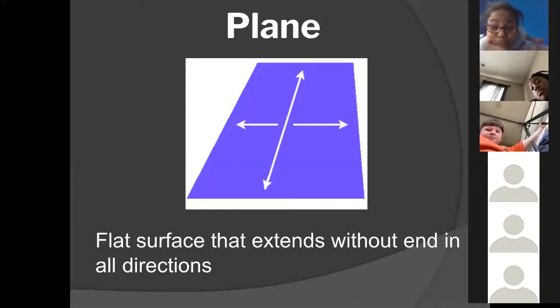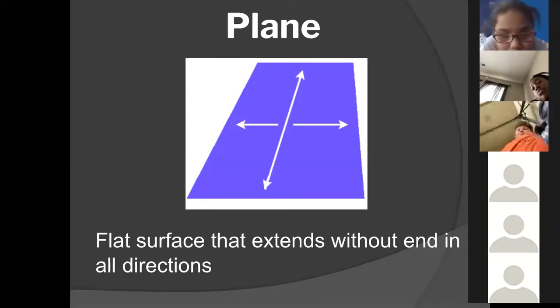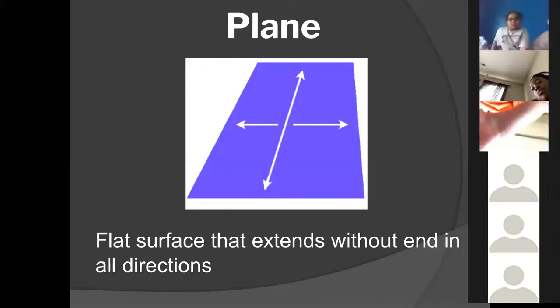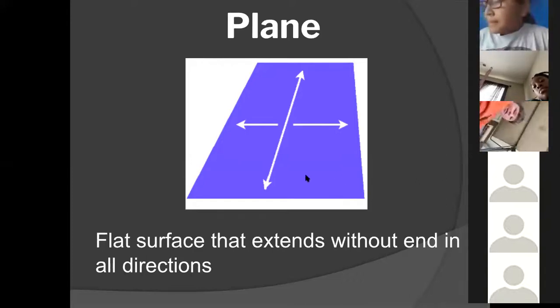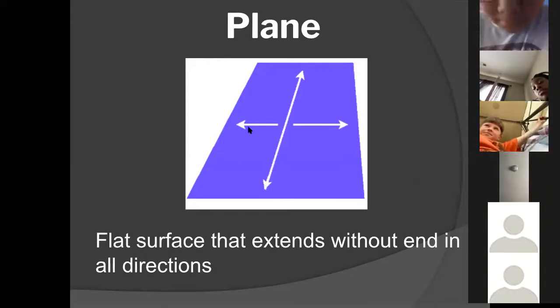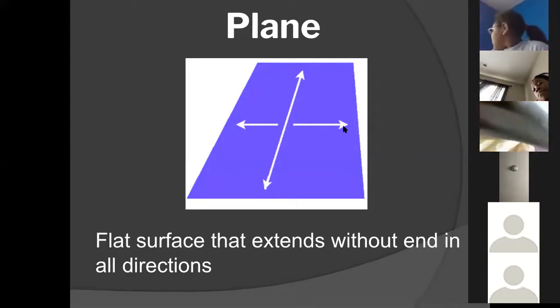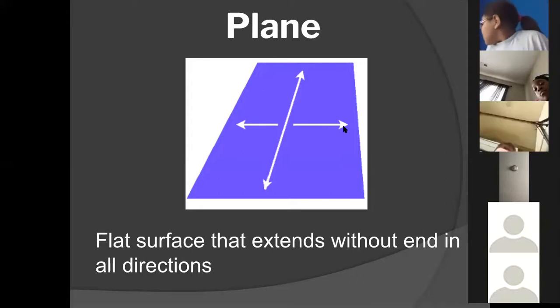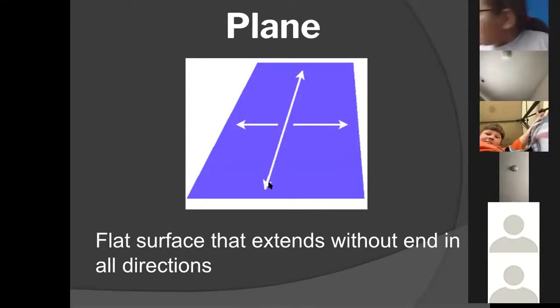But it can be any flat surface, and in geometry, it extends forever. That's really important to understand. These arrows on these lines indicate it's going on forever. That arrow in geometry means the line is continuing on forever.